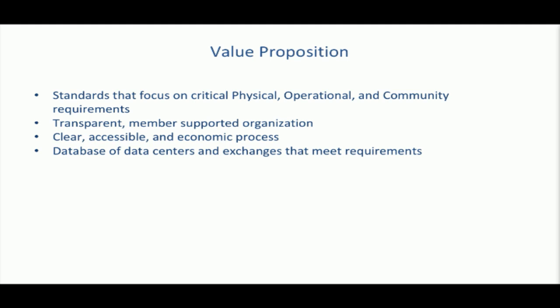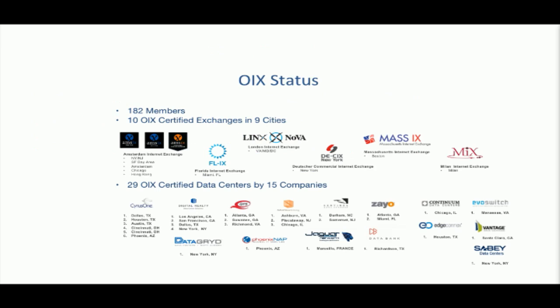And that's really the end goal, is to have a database of data centers and exchanges that meet those requirements, that our members can go to when they're looking at new markets and understand, not necessarily those are the only ones they can go to, but these facilities meet those requirements. So that's kind of the core value proposition of what OpenIX is trying to do.